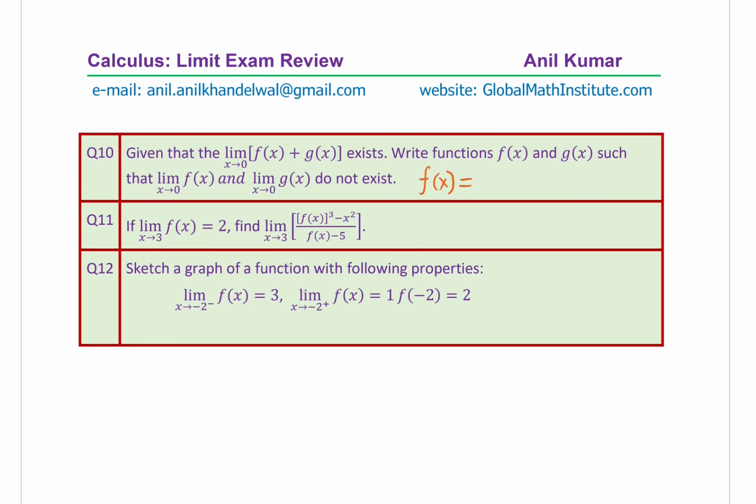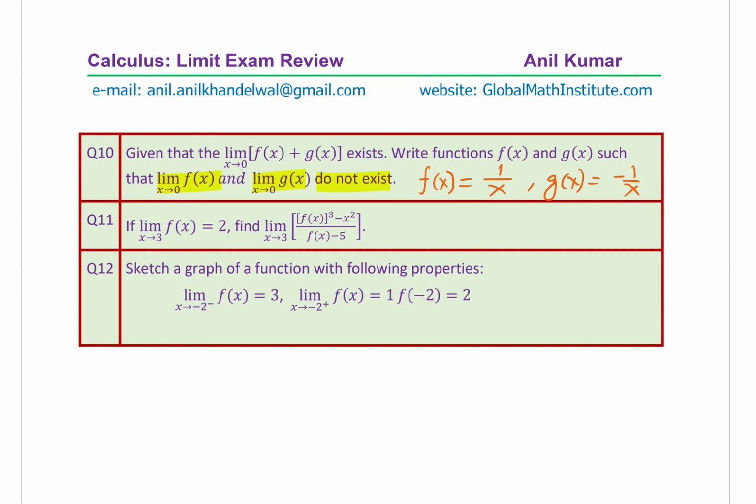How about having f of x as 1 over x and g of x as minus 1 over x? Now, we know that these two limits do not exist as x approaches 0, right? Since we want this function and this function to not have limits. So the limits do not exist for these functions.